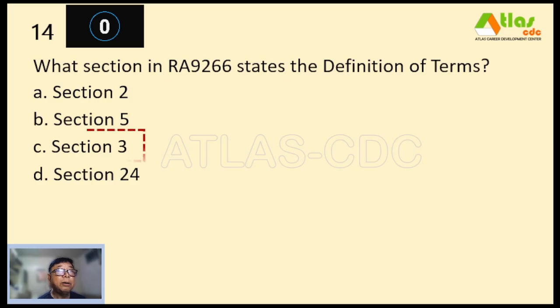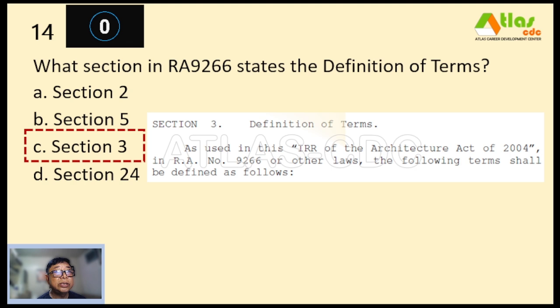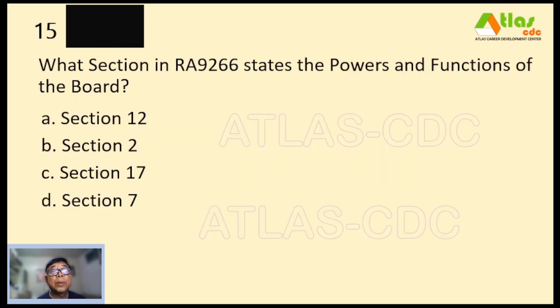And our correct answer is letter C, Section 3. So Section 3 provides the definition of terms. Number 15. What section in RA 9266 states the powers and functions of the board? A. Section 12, B. Section 2, C. Section 17, D. Section 7.